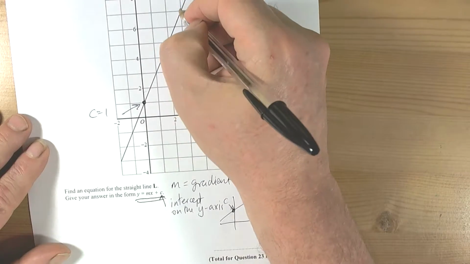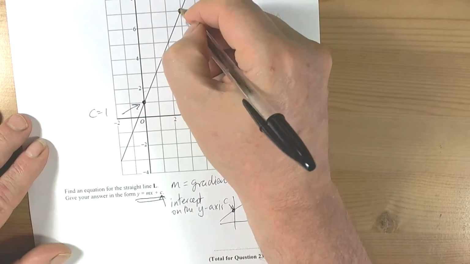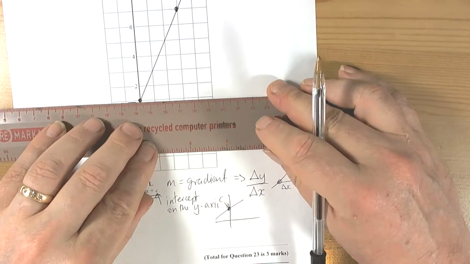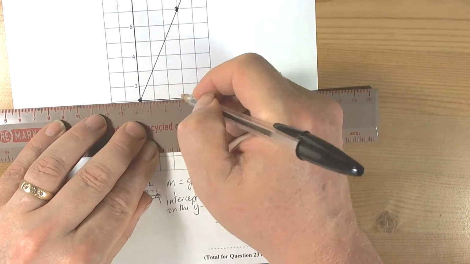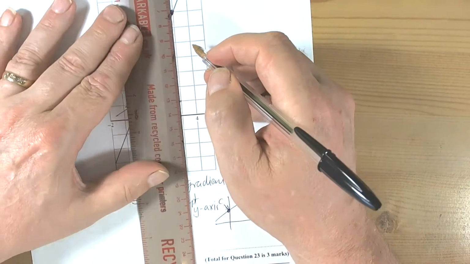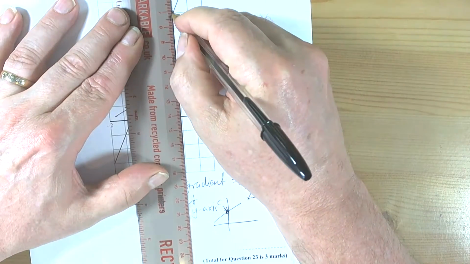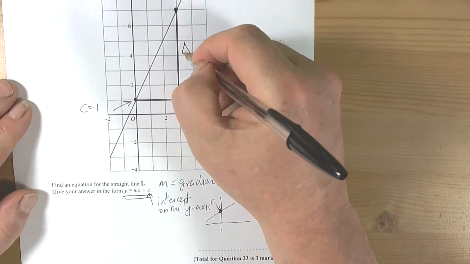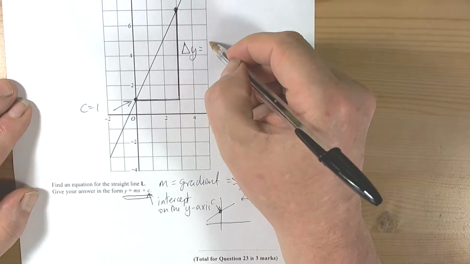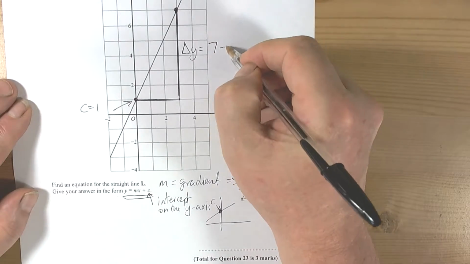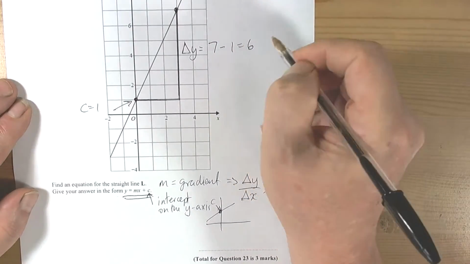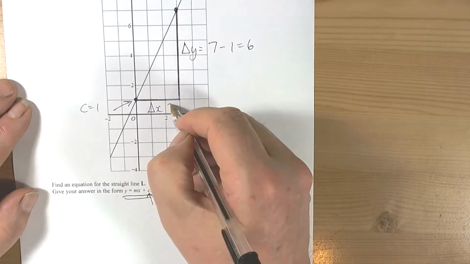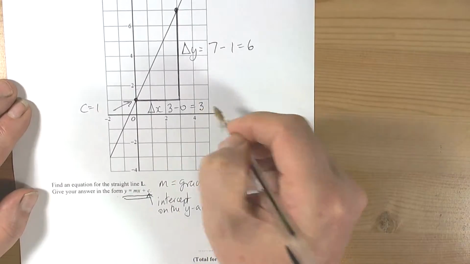If I choose 2 points on the graph, these two coordinates here, and then draw a right angle triangle between them, so the change in the y coordinates, well, we're doing 7 take away 1, which equals 6, and the change in the x coordinates, we're doing 3 take away 0, which is 3.